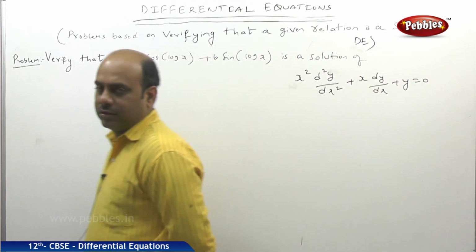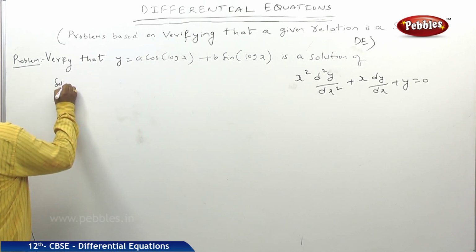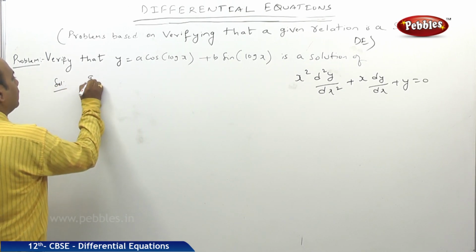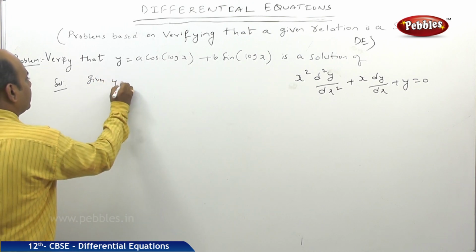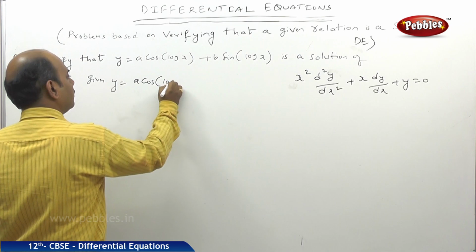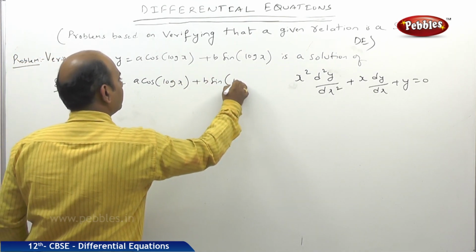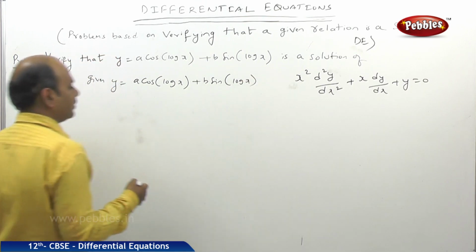I will be considering the given relation. So what is our given relation? Given y is equal to a into cos of log x plus b into sin of log x.